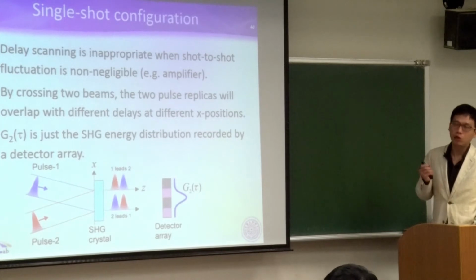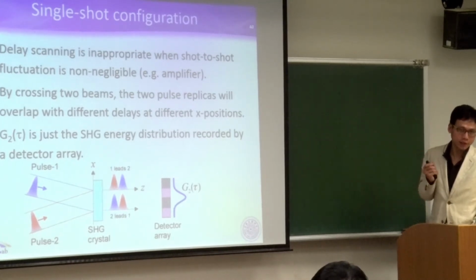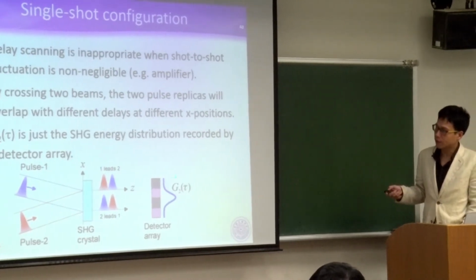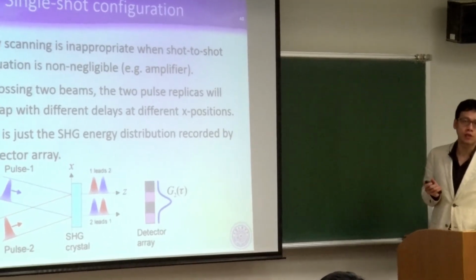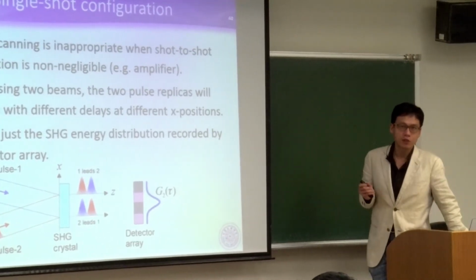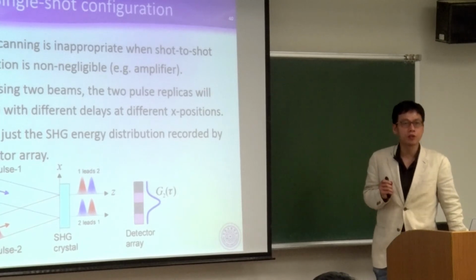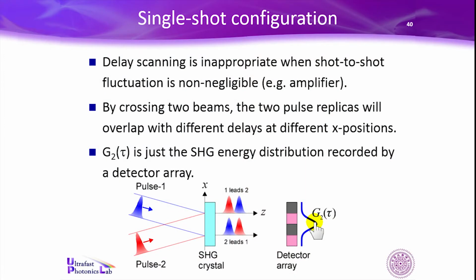Okay? So even with a single shot, you can record the entire intensity autocorrelation function. So this is the so-called single shot configuration. Single shot IA measurement. Okay. Any question?